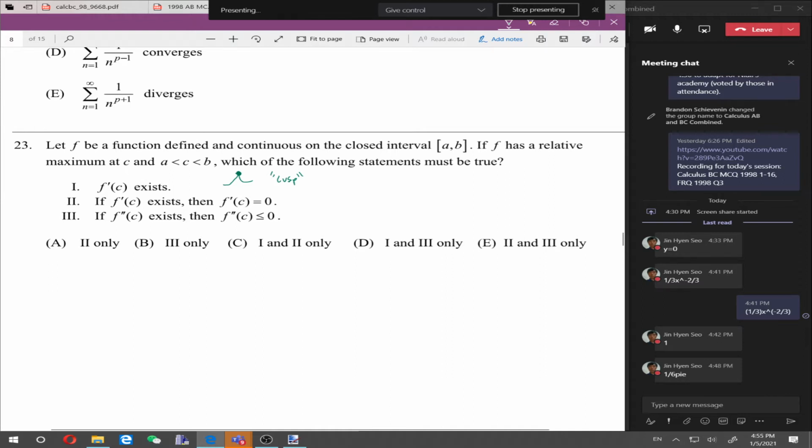Number 2. As long as the derivative exists, then the derivative must be equal to 0. I'm going to jump to Jin. So Jin, do you think this will be true or false?